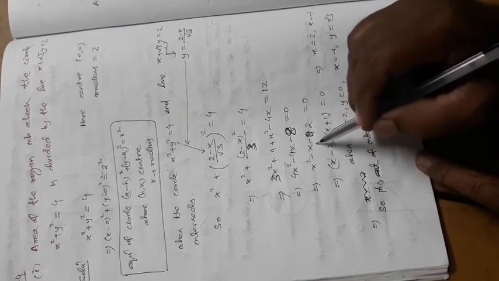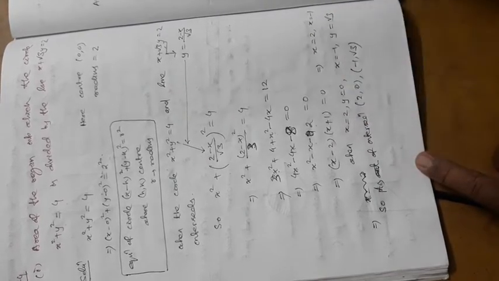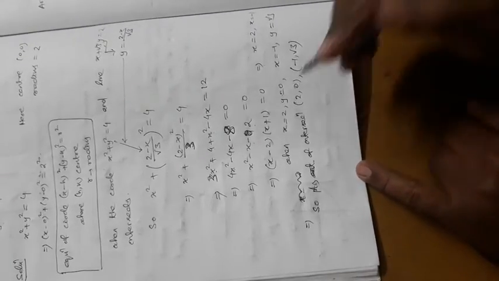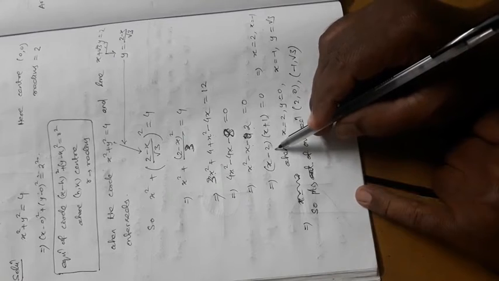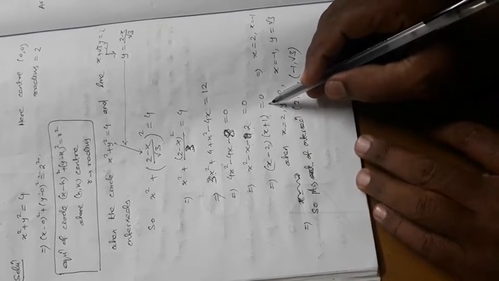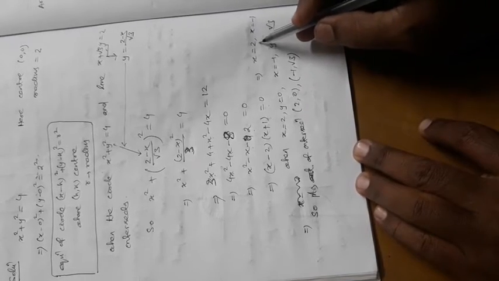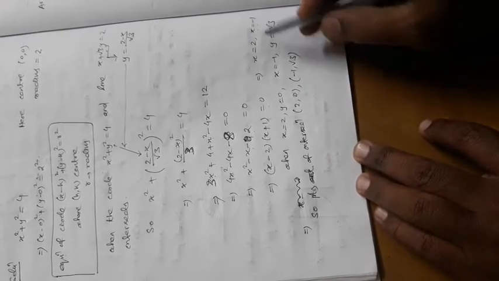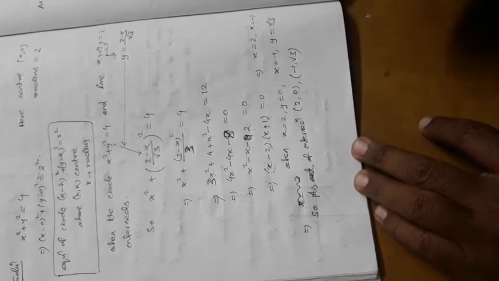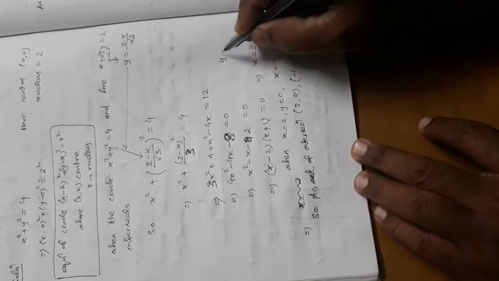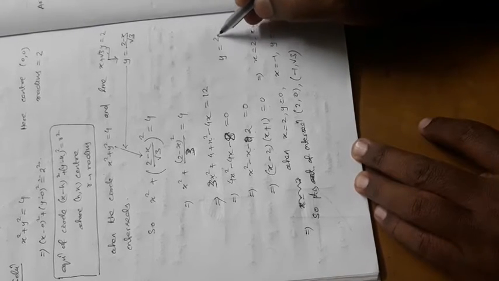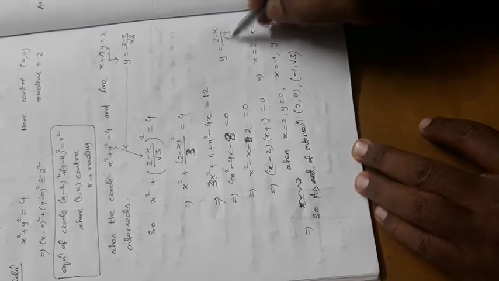x square minus x minus 2 is 0, and it becomes (x minus 2) into (x plus 1) is equal to 0. So x is 2, and x is equal to minus 1. When x is equal to 2, y is equal to 0, because y is equal to (2 minus x) by root 3, which we have been given.